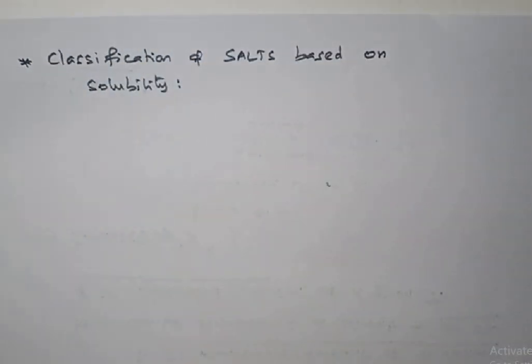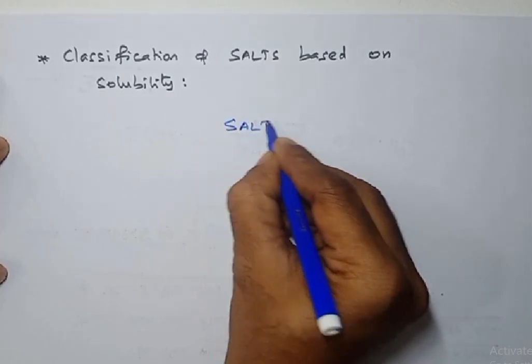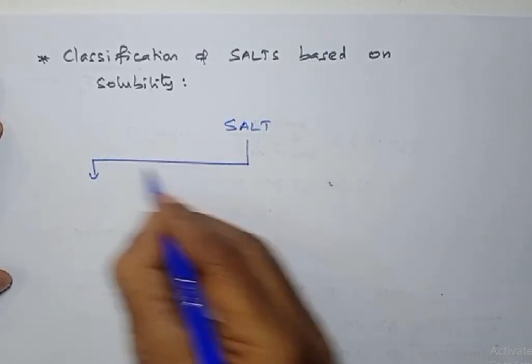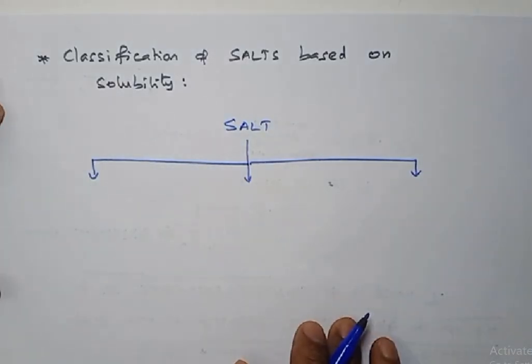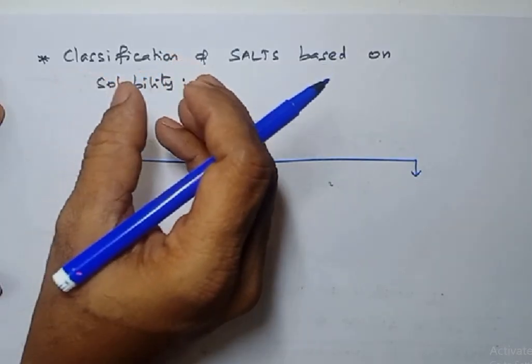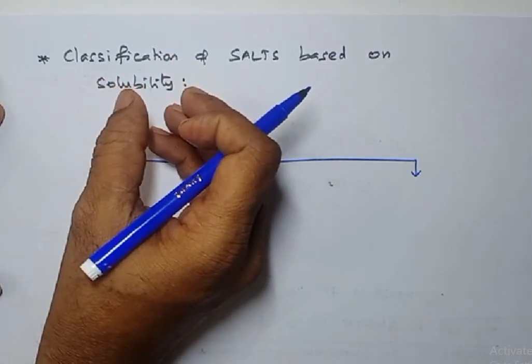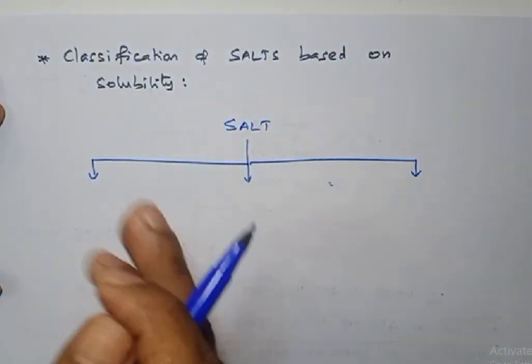Okay, listen carefully. We can classify salts into three types based on their solubility in water. I have told you already, we are going to discuss solubility in aqueous solution, or in water.